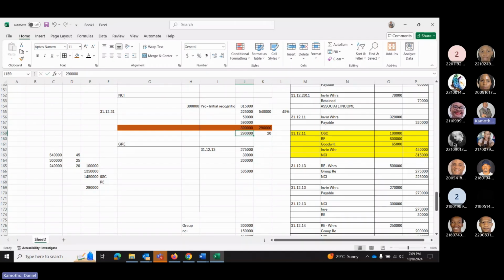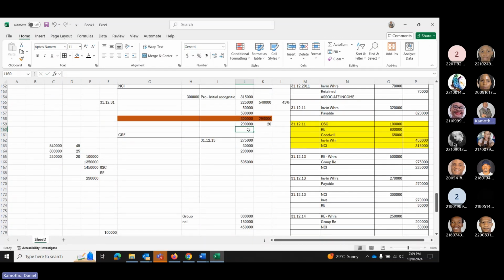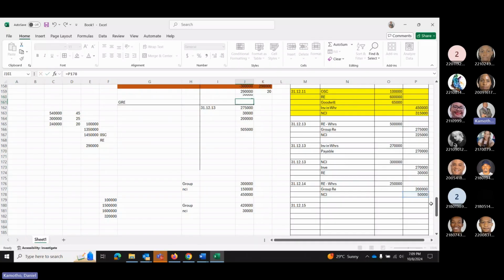Then during 2015, we have allocated another 50,000 to NCI. So we are going to remove, let's say, from the retained earning of the subsidiary.